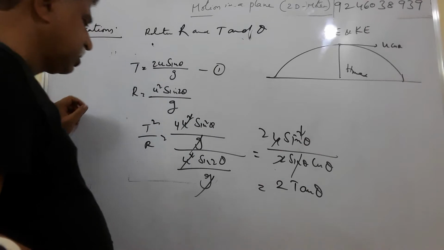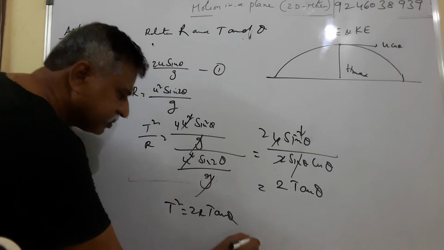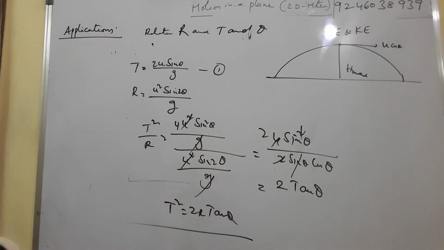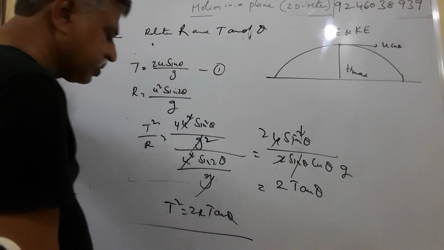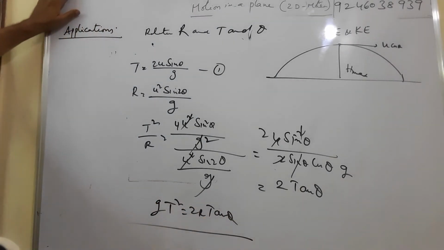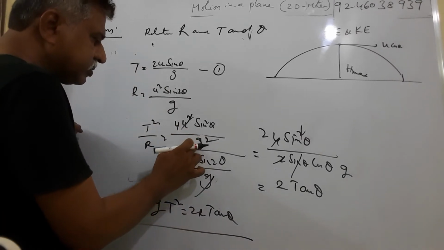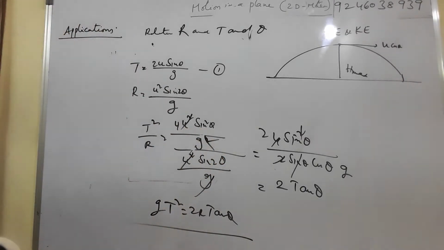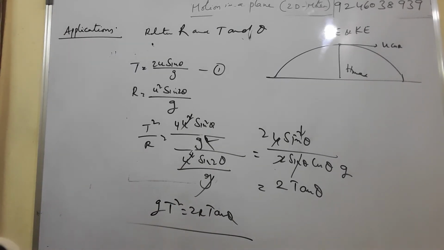That means T square by R is equal to 2 tan theta, so g T square is equal to 2R tan theta. Here, g square is there, and only one g cancels. So g T square is equal to 2R tan theta.